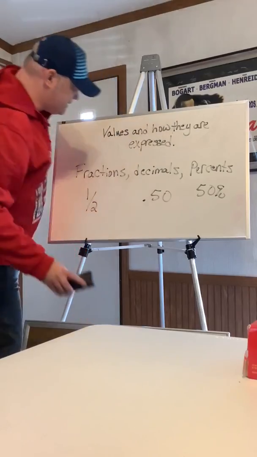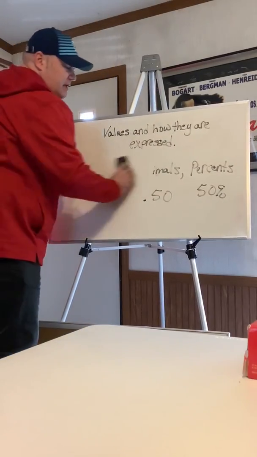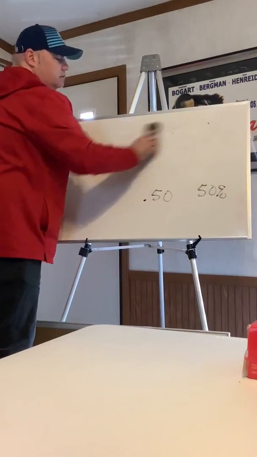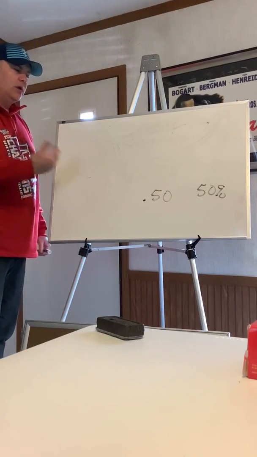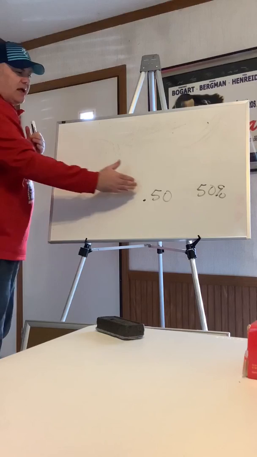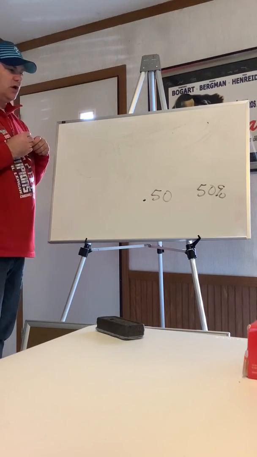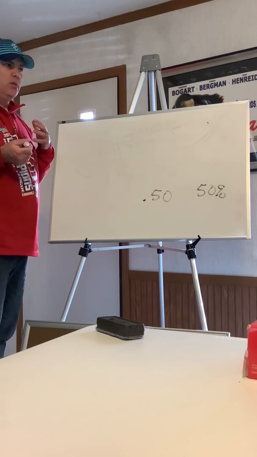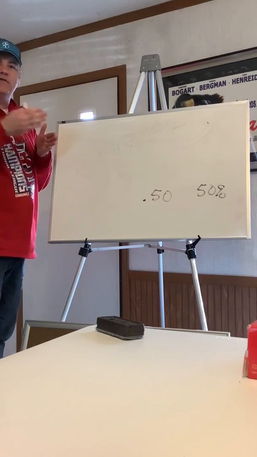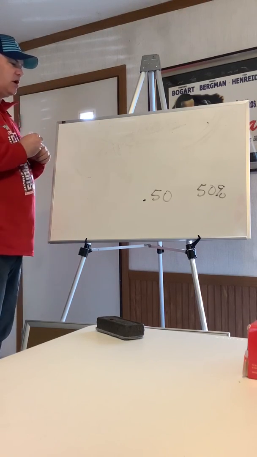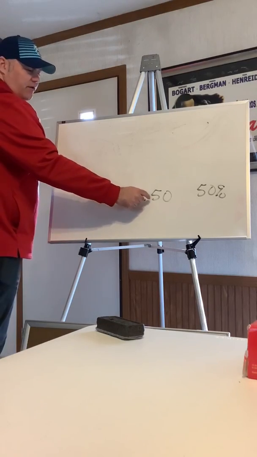So if I've got any decimal, and I'm going to leave this one up here for a second, and I change it to a percent, how did I do that? What did I do on paper to make this a percent? What is the way to change anything into different expressed values?